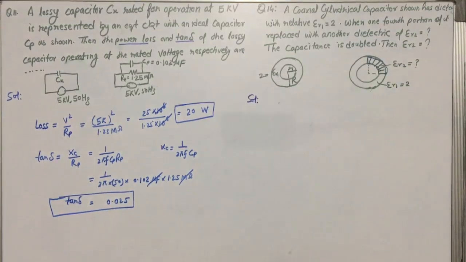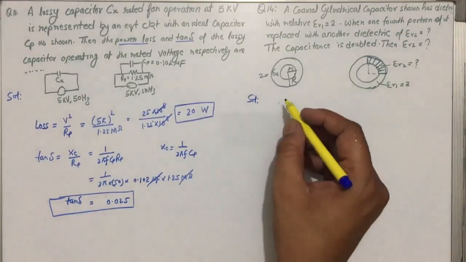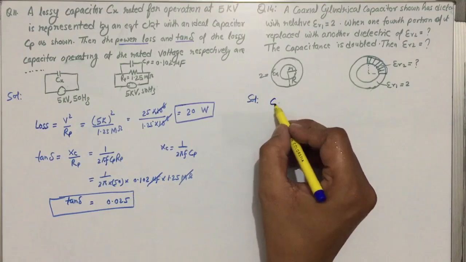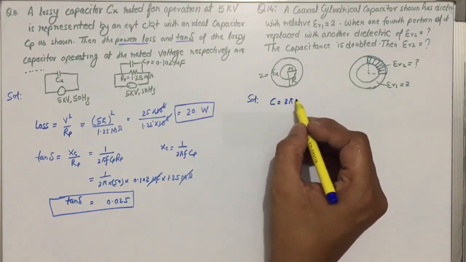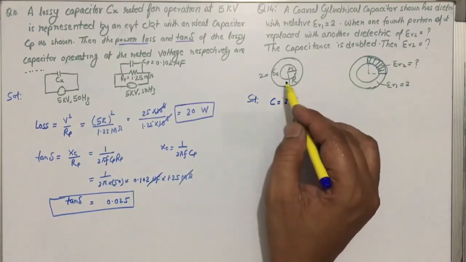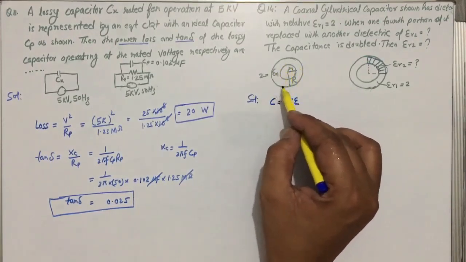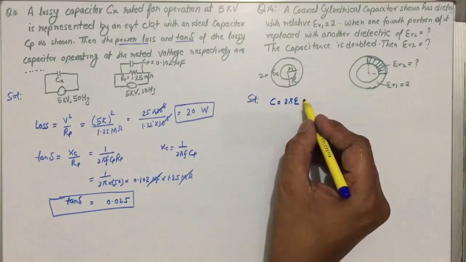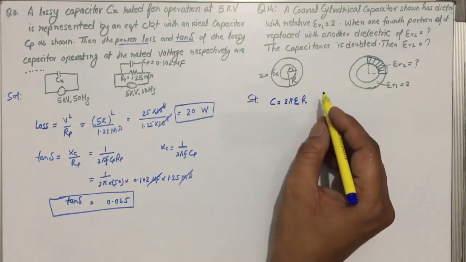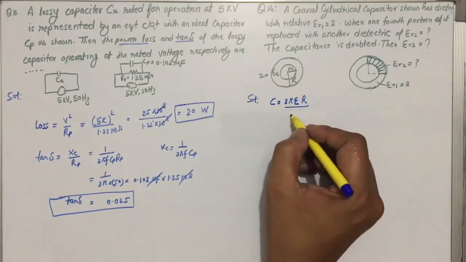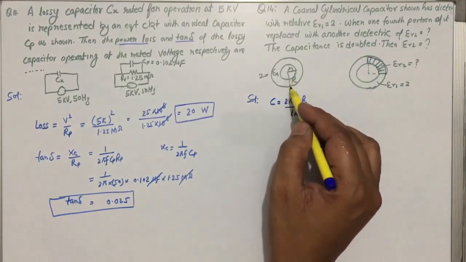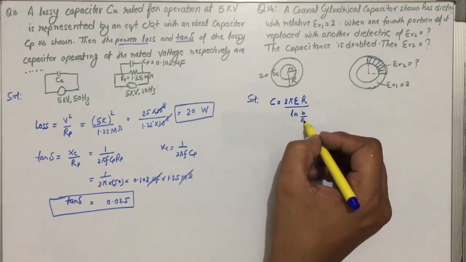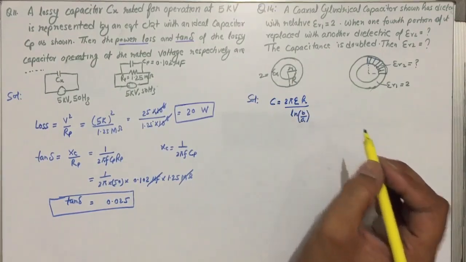It is a simple formula in the case of a coaxial cylindrical capacitor, which we have derived. The capacitance is 2 pi epsilon h, the length, divided by natural log of the outer radius divided by the inner radius, so B by A. We have derived it.